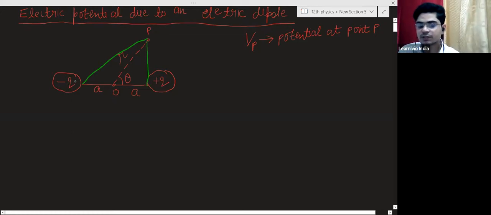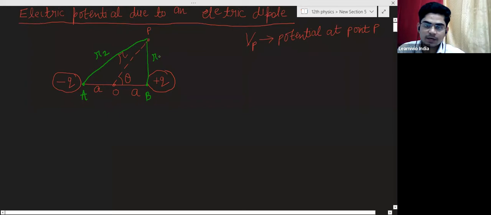This charge is placed at point A, and I have made this charge large so that you can see it easily. So basically the position of the charges is at A and at B. This is a point charge. This distance I am taking as R2, and this distance I am taking R1.